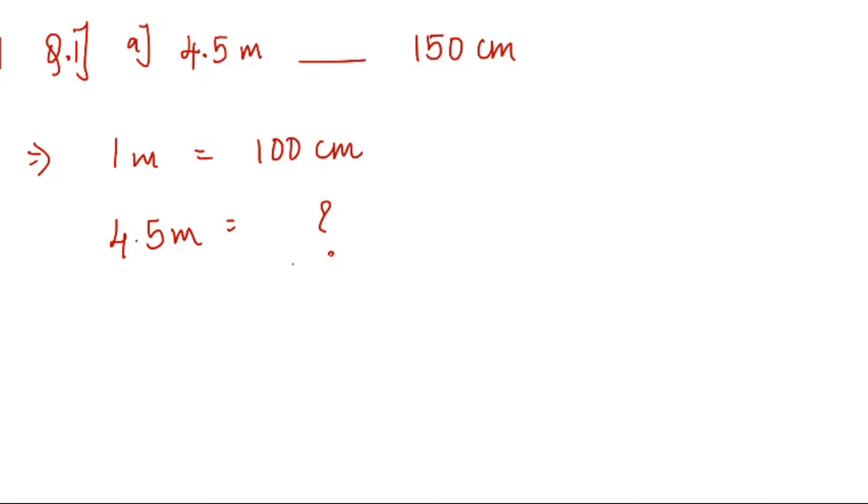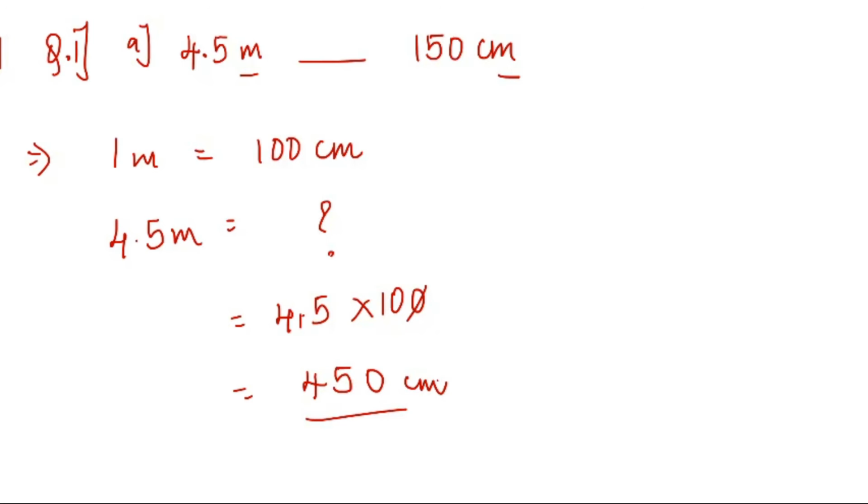So how will we do? 4.5 multiplied by 100. This point and this 0 cut. It becomes 450 centimeter. So which one is greater? 450 centimeter is greater or 150 centimeter is greater? Yes, 450 centimeter. So it will be greater.